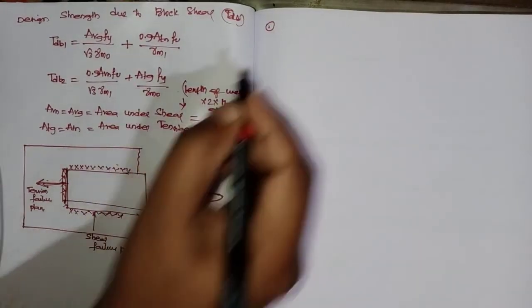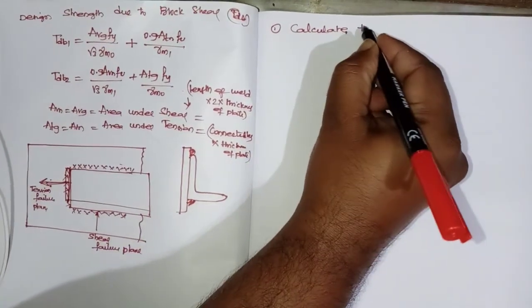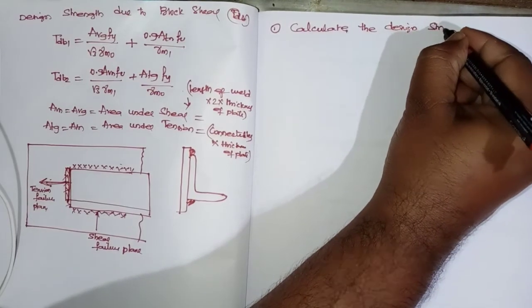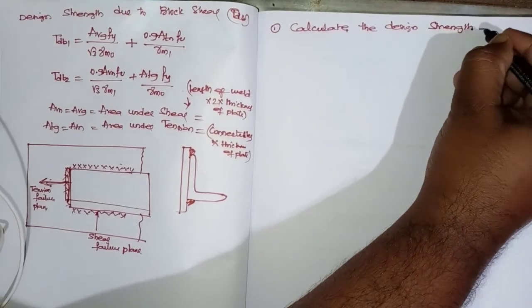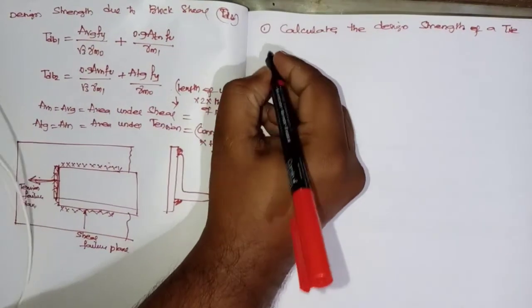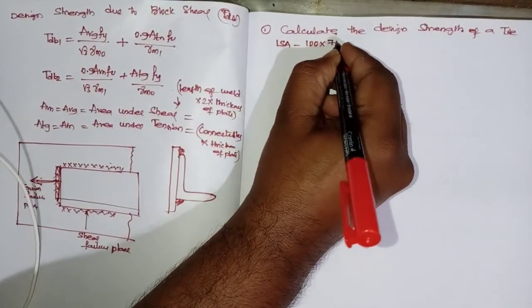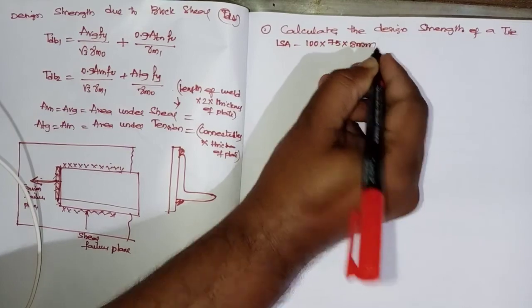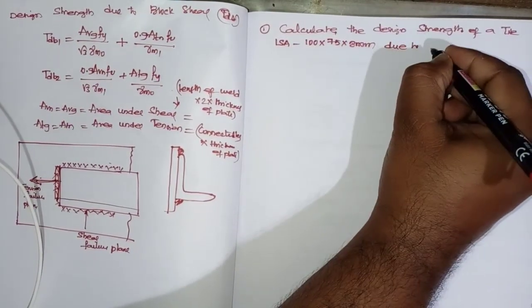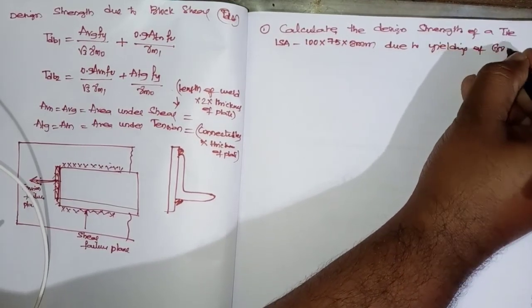Calculate the design strength of a tie, means tension member, ISA 100 by 75 by 8 mm, due to yielding of gross section.